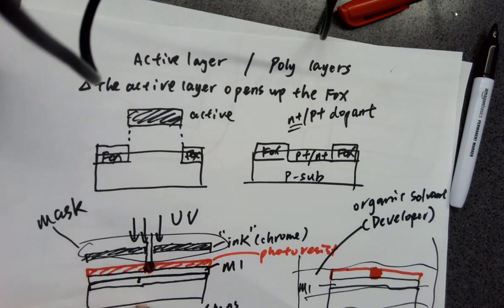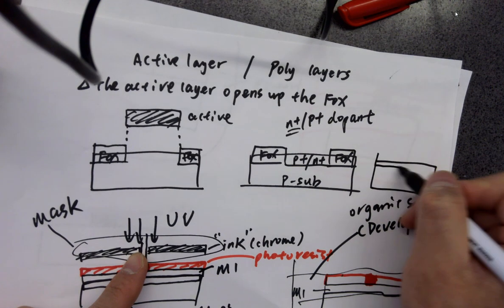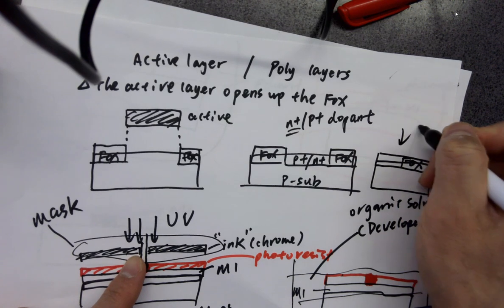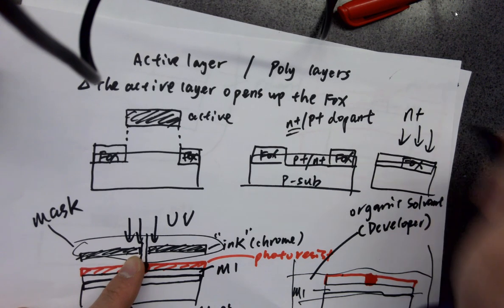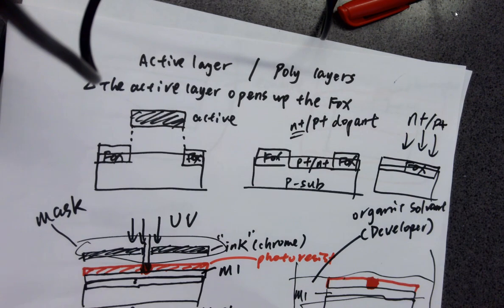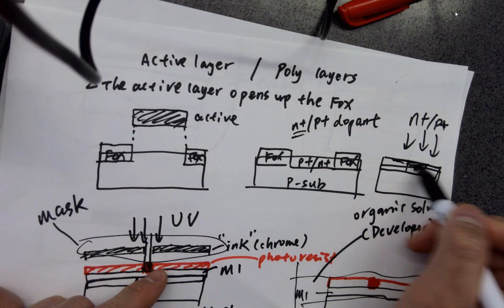So if you don't open up that FOX, what's going to happen? Just curious. You dope that N plus material or P plus material into that wafer. What's going to happen? It doesn't stay, or it won't be able to get through. There will probably be a little diffusion here, but it's not functioning, right?